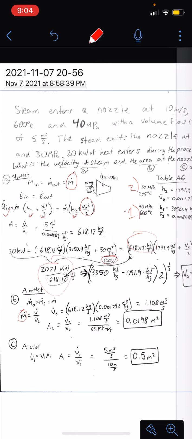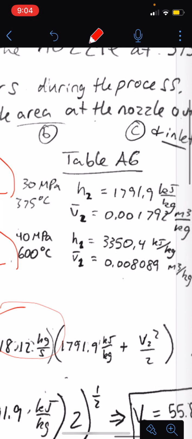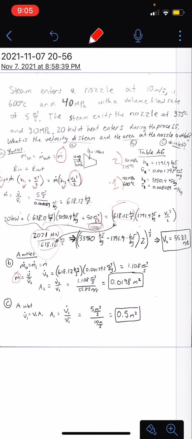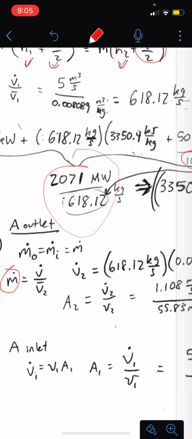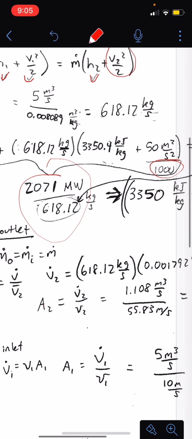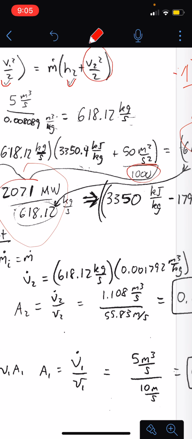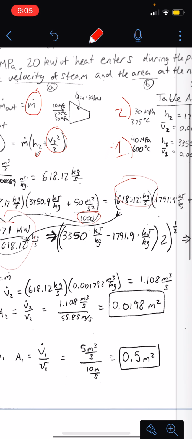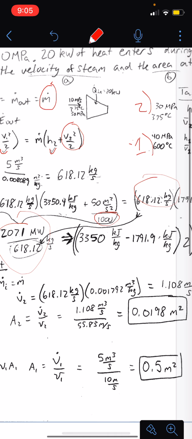And from our table A6, we have the specific volume, which is 0.001792 meters cubed per kilogram. We multiply our mass flow rate by our specific volume to give us our volume flow rate, which is equal to 1.108 meters cubed per second.